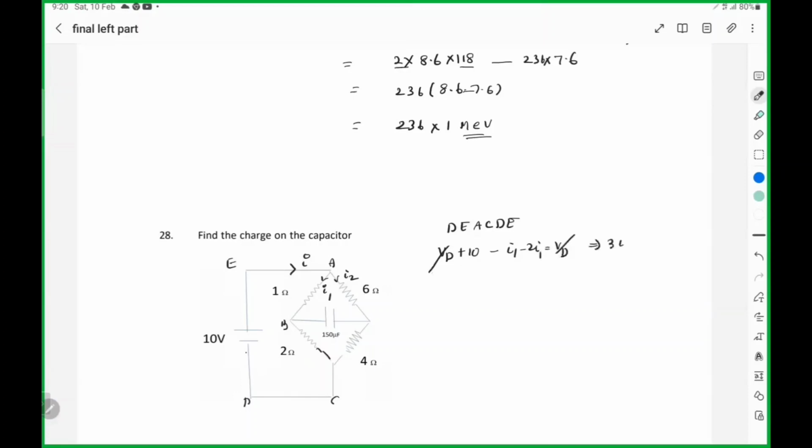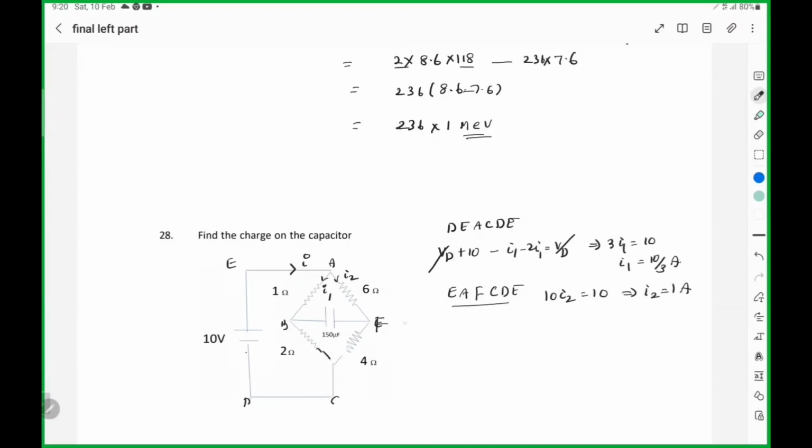That means 3I1 is 10, I1 is 10 by 3 amperes. Similarly, if you consider EAF, CDE, then 6I2 plus 4I2, 10I2 is equal to 10 volts. So I2 here is 1 ampere current flowing through the 6 ohm resistor.